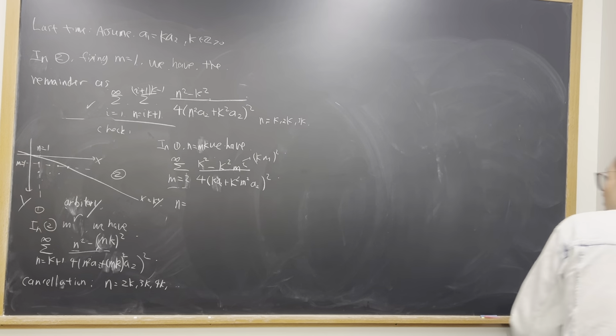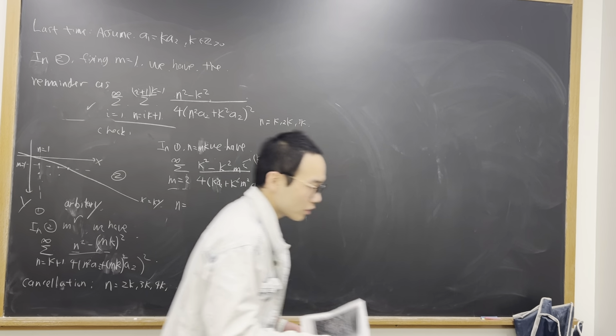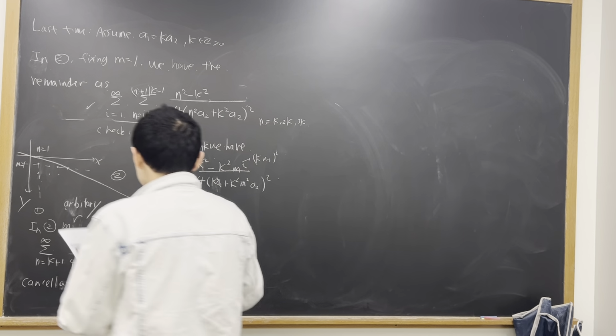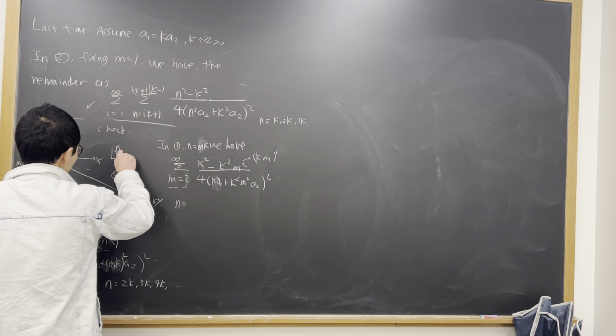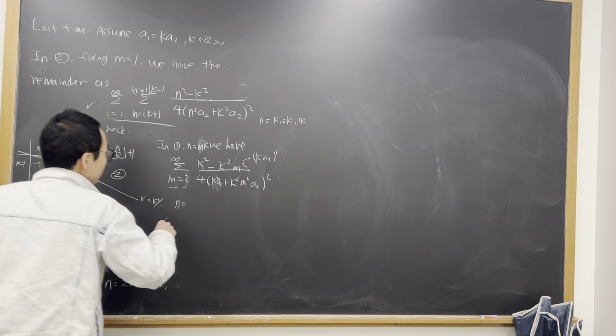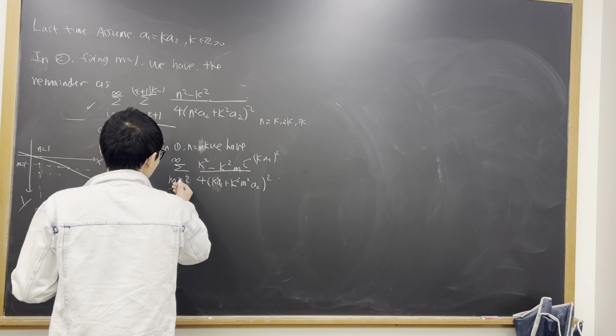So remember that. This m originally starts at the lower limit, right? Sorry, the integer part of the fraction plus 1. So now it's equal to m, so it should start at m plus 1.